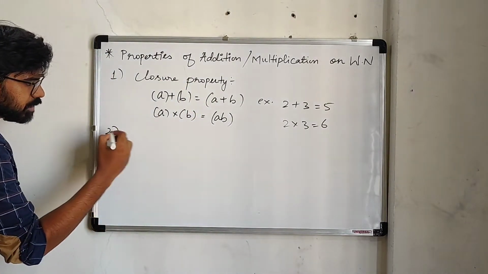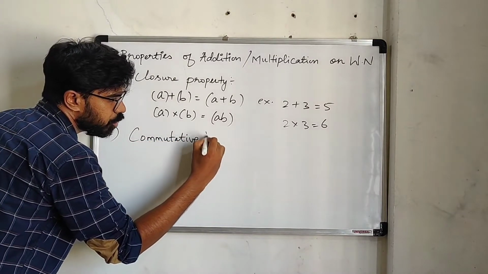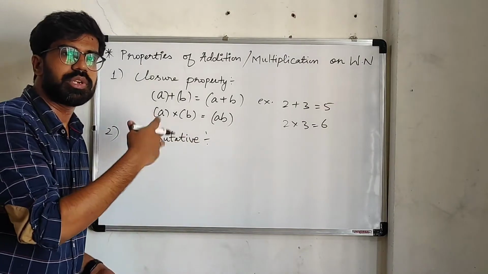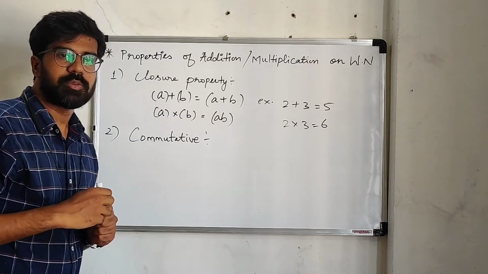Second property, what we will see? Second property is commutative law of addition or commutative law of multiplication, or you can simply say commutative property. What does commutative property state?